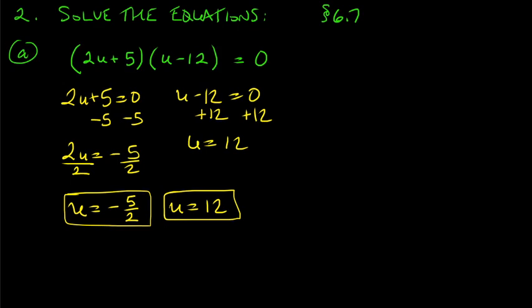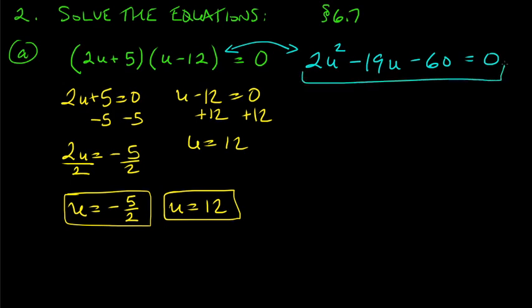Okay, so the only tricky thing about this is that a lot of students tend to get confused because they think they have to multiply this out. And if you multiply it out, you're going to end up with 2u squared minus 24u plus 5u, which is minus 19u, minus 60 equals 0. So sure, how would you solve this equation?